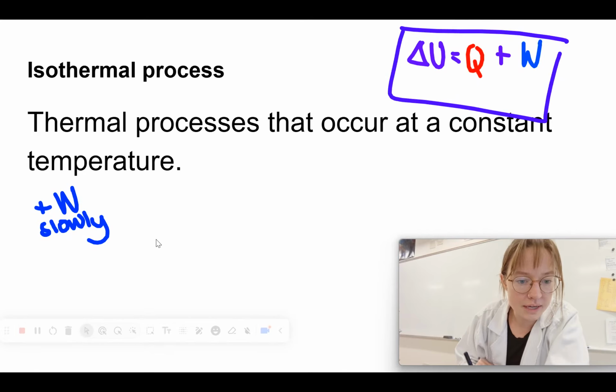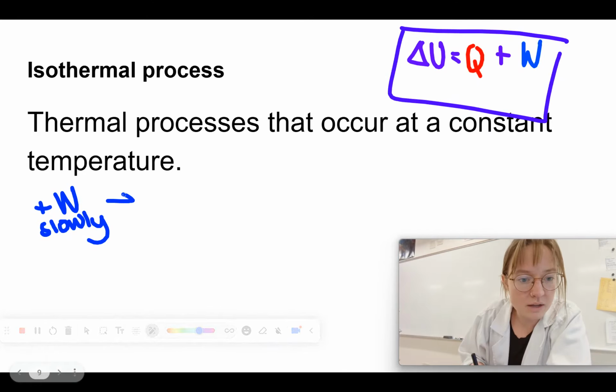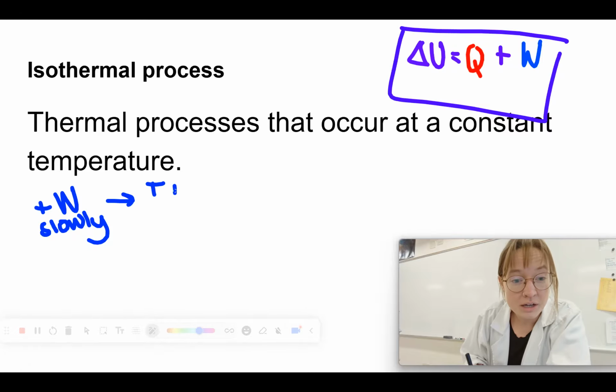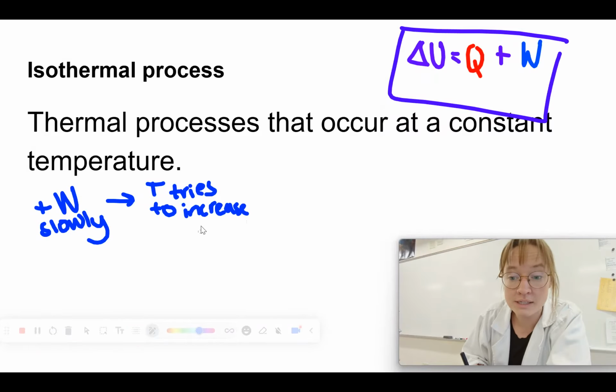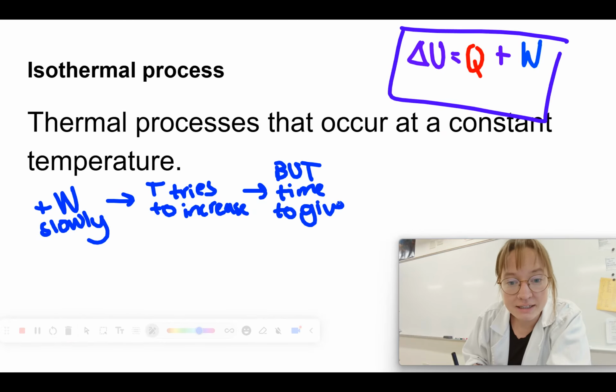You do work slowly. This means that the temperature tries to increase as you increase the kinetic energy of the particles, but it has time to give that heat to the environment.